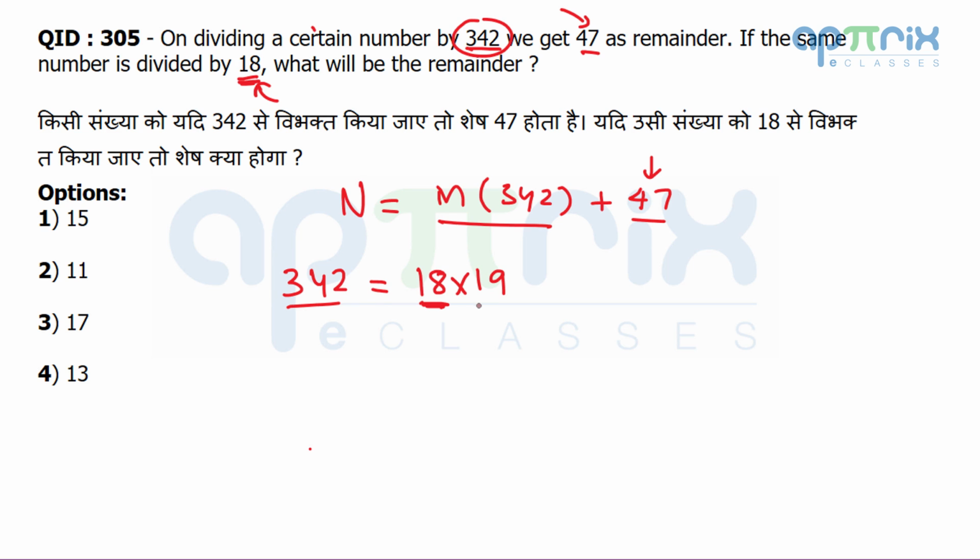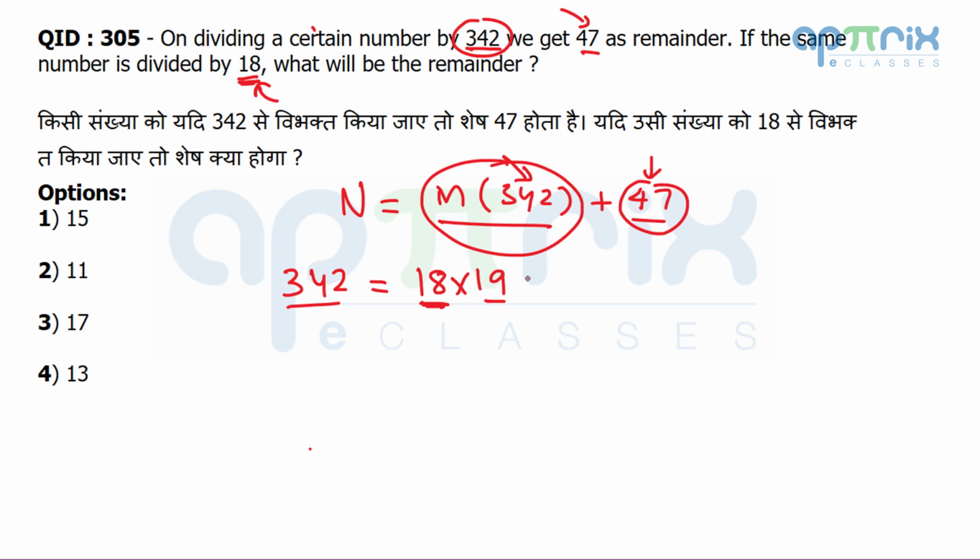That means it's not 20 times but 19 times, 18 times 19. What does it mean? If 342 is a multiple of 18 as well as 19, that means whatever number is there, if you divide that particular number by 18, this part will again be divisible by 18, right? This will be left as a remainder, but be careful here.